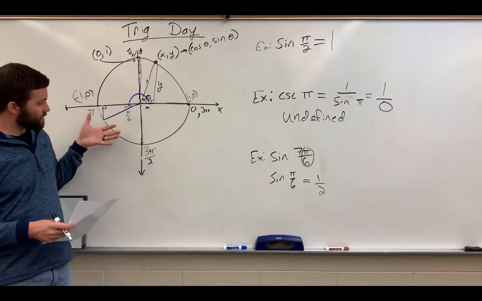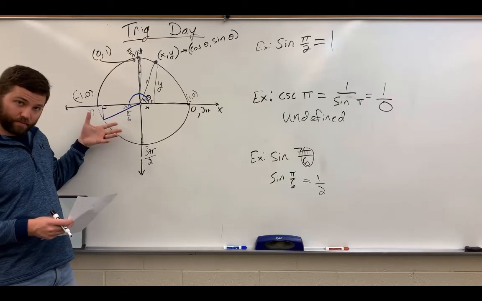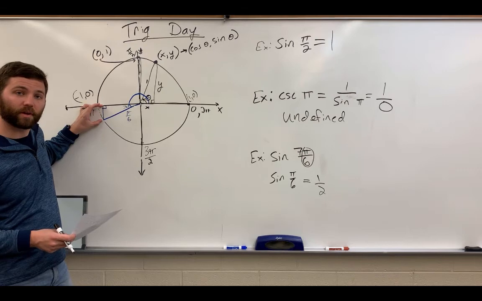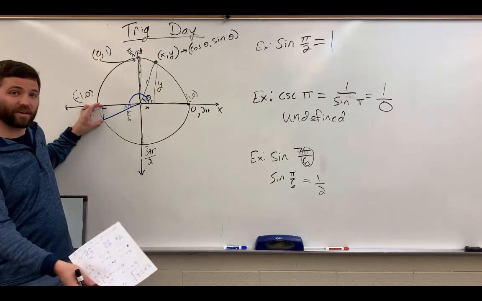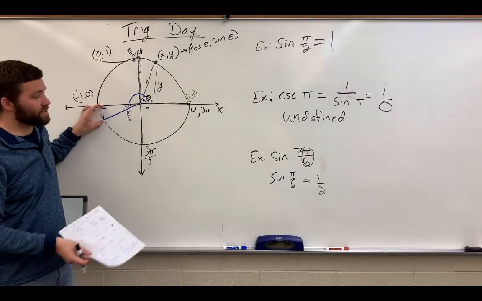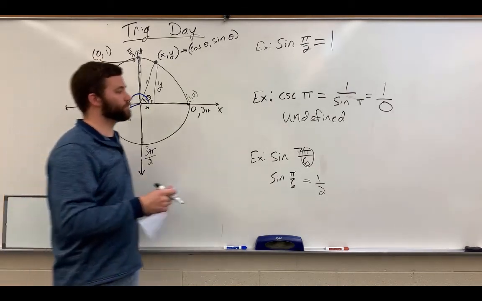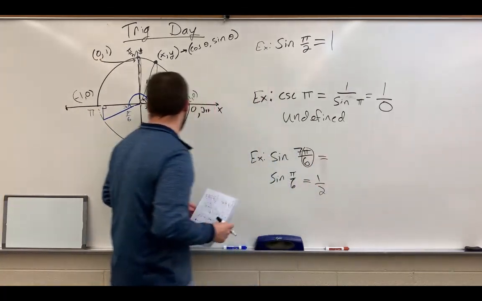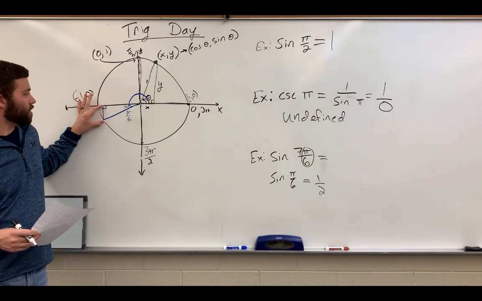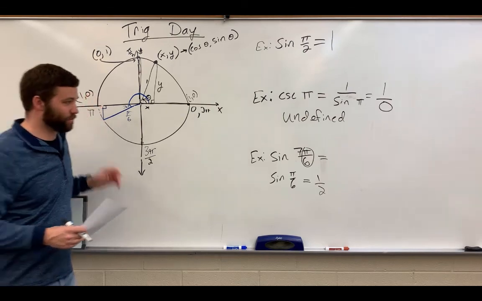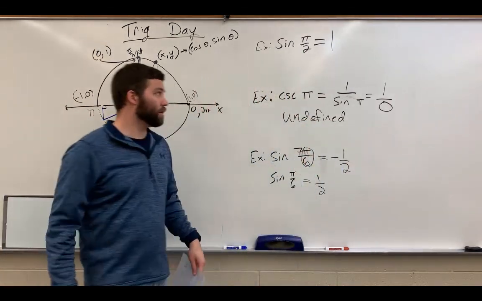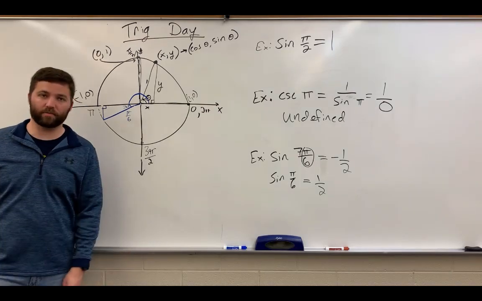This angle is in quadrant 3, and here the sine value would be negative, because sine is the y value, and it's below the x-axis. So sine of 7 pi over 6 must be negative. We know that the actual distance is 1/2, and then the location is negative 1/2. So this has to be negative 1 over 2. Right? And that's the first part of trig day.